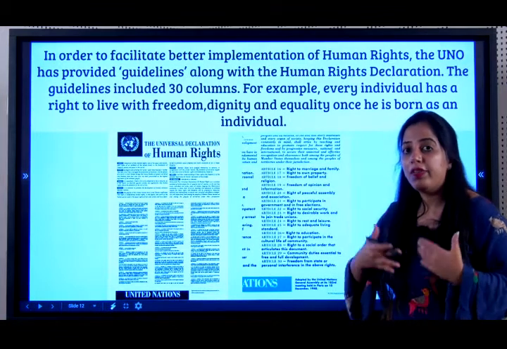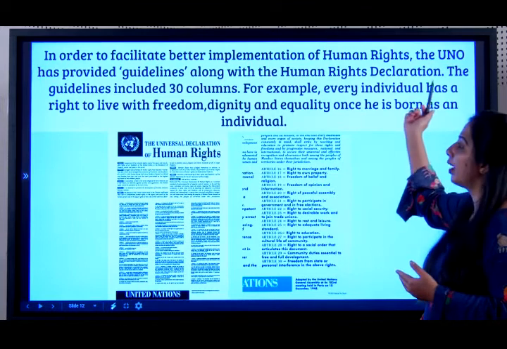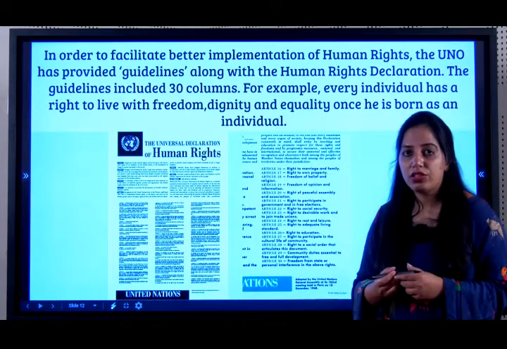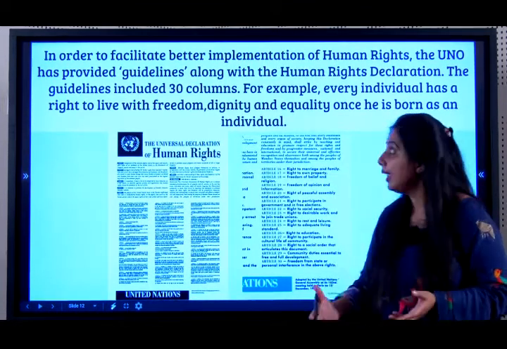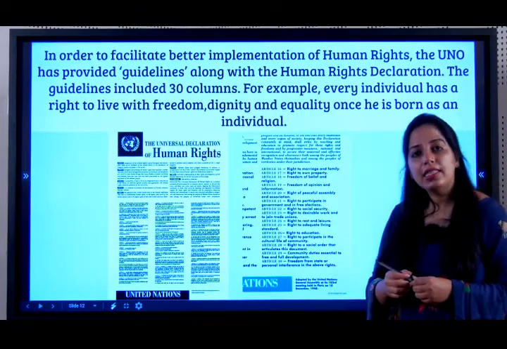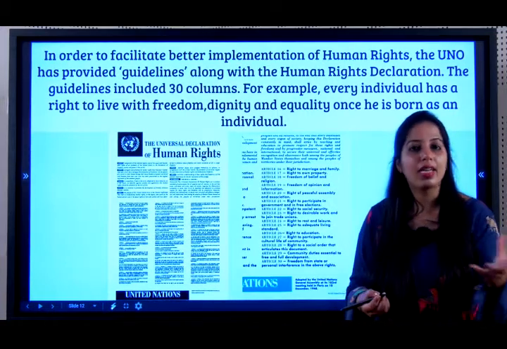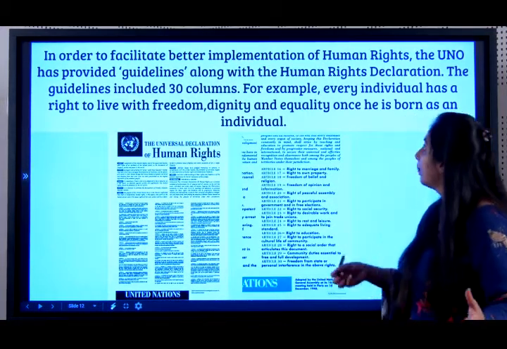So in order to support better implementation of human rights, the United Nations organization has given guidelines along with the Human Rights Declaration. What are these guidelines? How should you follow them as a country so that the rights of citizens are ensured?